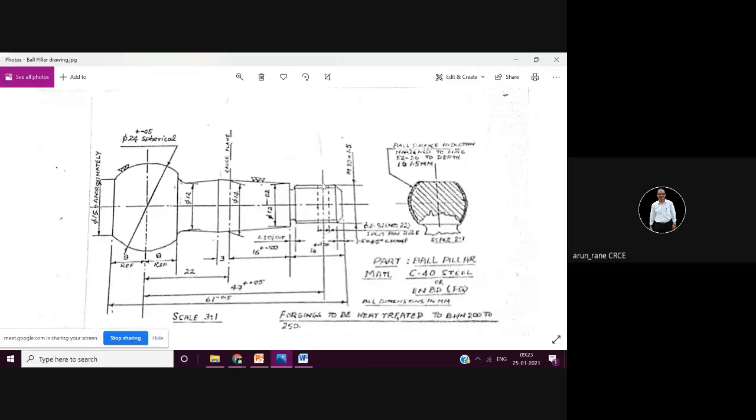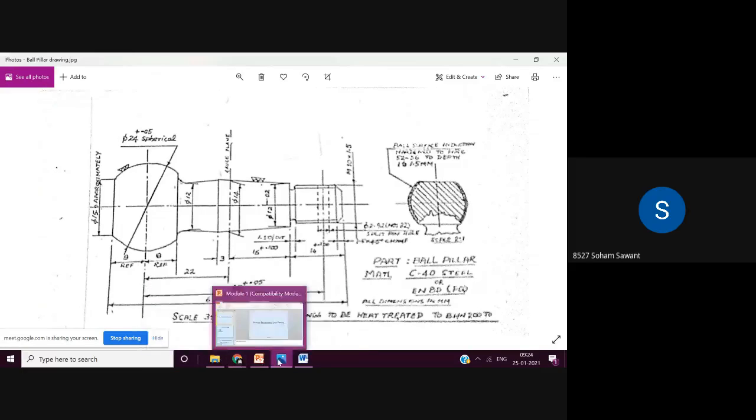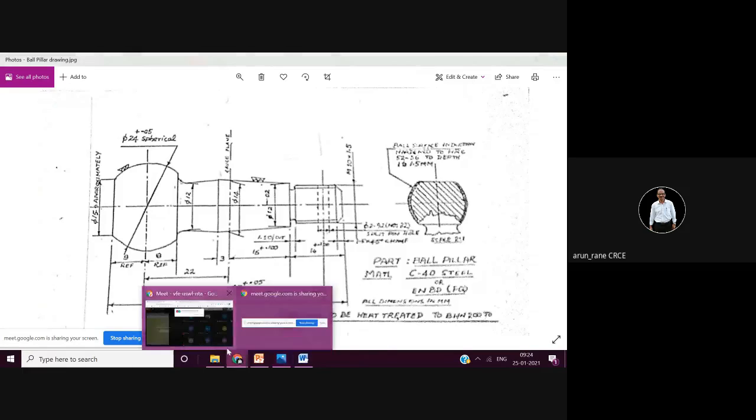So altogether it will be 10 seconds. So with thread rolling, the production rate will be almost 6 to 7 times that of your CNC lathe. Okay, sir. So I hope it is clear. Yeah, understood. So thank you for asking this, so others also understand. So I'll close this and later on I'll upload this component.